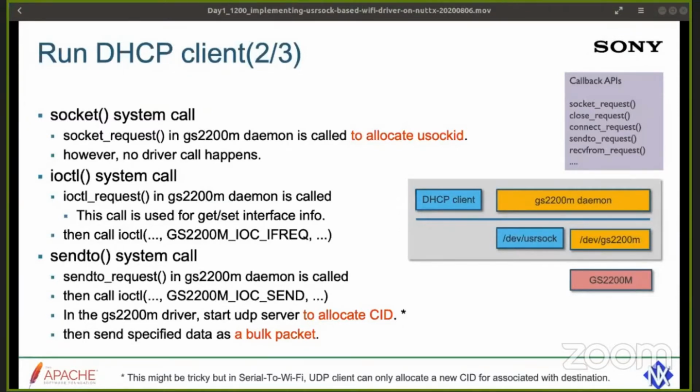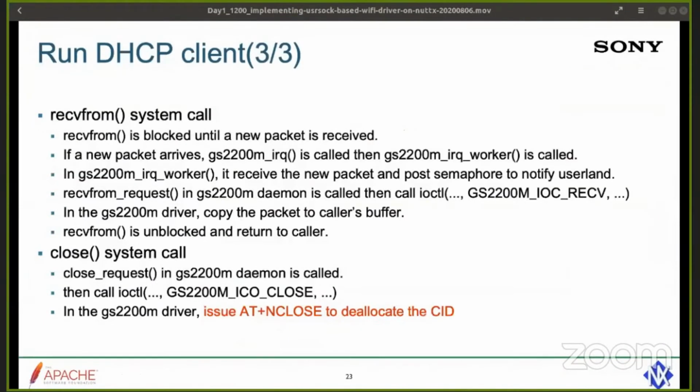It only provides a connection-oriented client API, so I had to use a UDP server to allocate a CID. The receive from system call is a little complicated because it needs to handle the interrupt handler and kick the work queue so that it can receive a new packet in the work queue handler and notify the user.